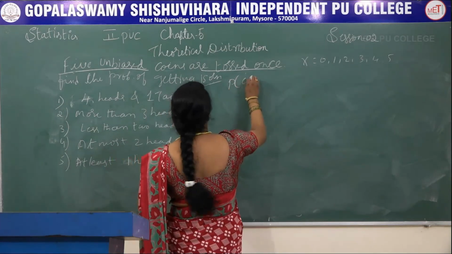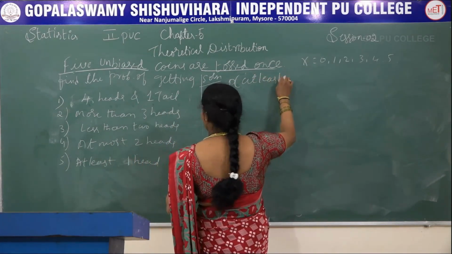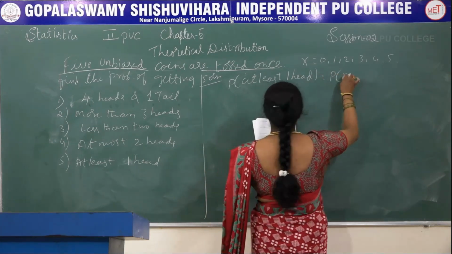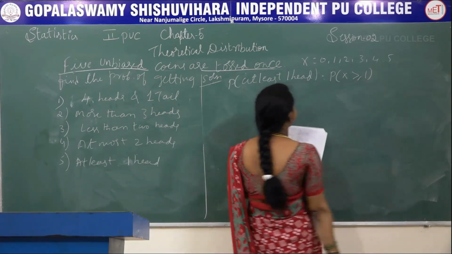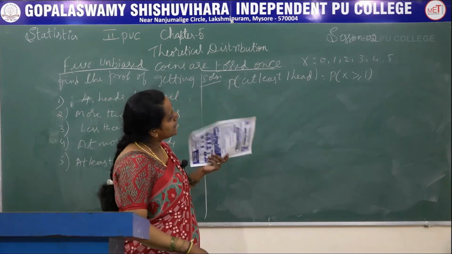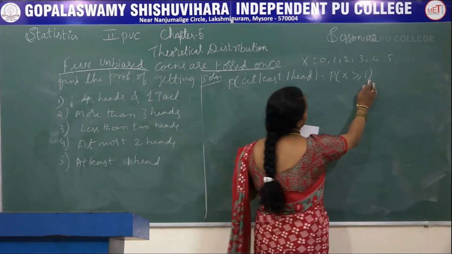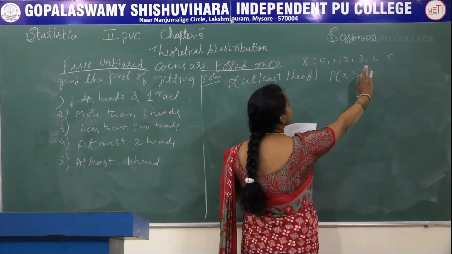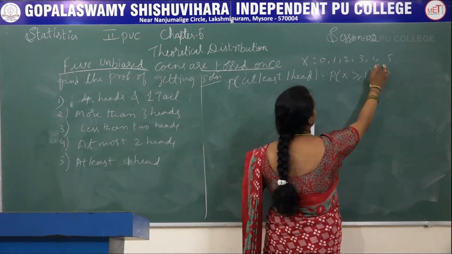And last is at least one head. This is P of x greater than or equal to 1, which means 1 is also included, and greater than 1 is 2, 3, 4, 5. So we would have to find the probabilities of 1, 2, 3, 4, 5.